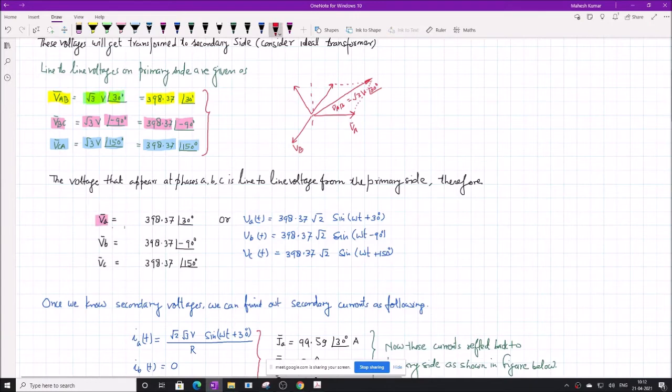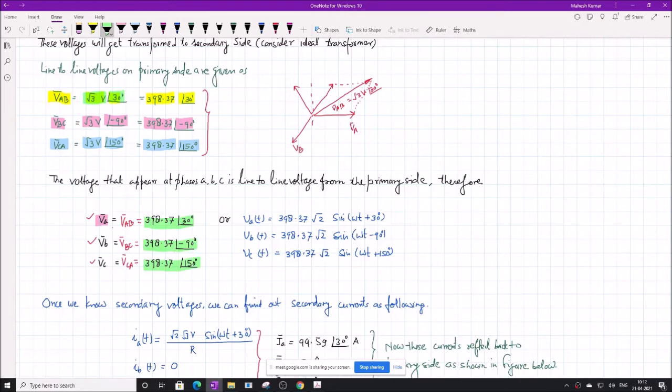This is V_AB, primary side. This is V_BC, primary side. This is V_CA, and these voltages are reflected as secondary voltages V_a, V_b and V_c, and therefore their values are the same as V_AB, V_BC, V_CA, which are written here: 398.37 angle of 30, the same magnitude angle of minus 90, and 398.37 angle of 150 degree.